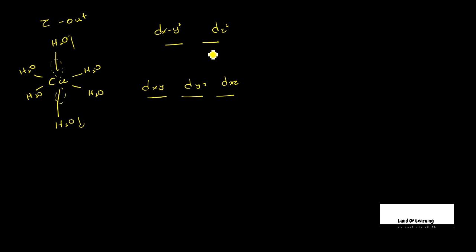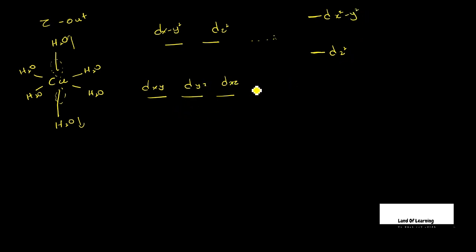Lowering the energy means stabilizing. So completely opposite of the Z in distortions, dz squared will be stabilized, dx squared minus y squared will be destabilized, which means increasing its energy.